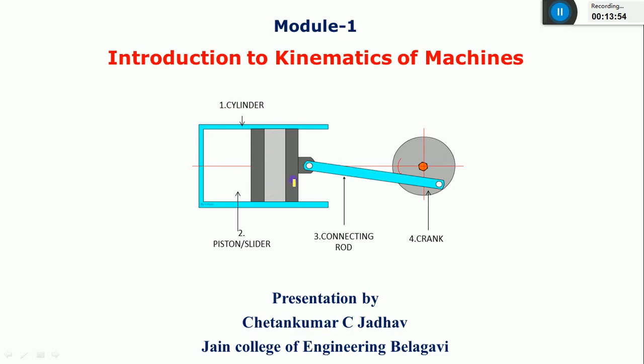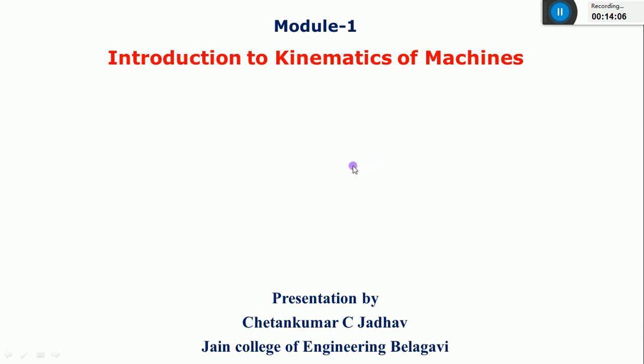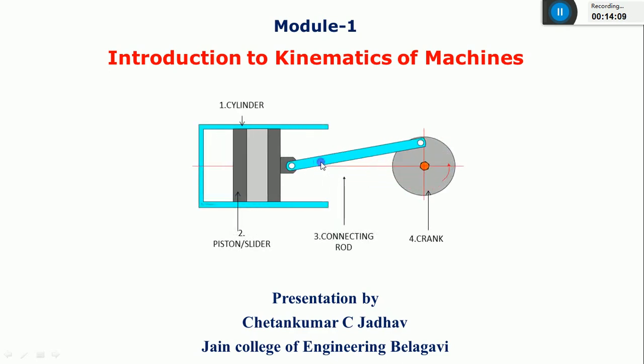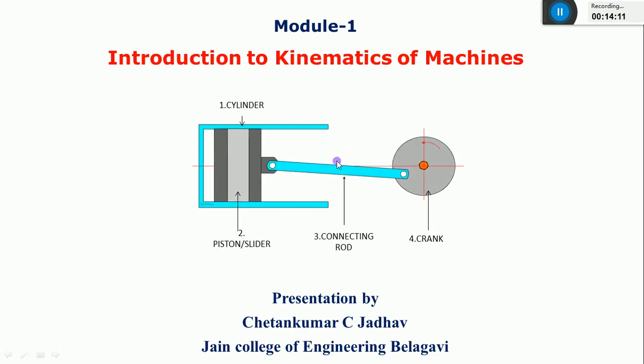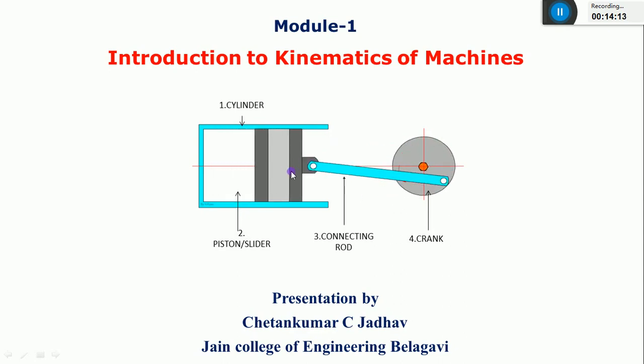The third link is a connecting rod. This connecting rod is connected to this piston with some pin joints. This connecting rod will be having a semi-rotary motion. You can see it is having an oscillatory type of motion. It is oscillating about this point.